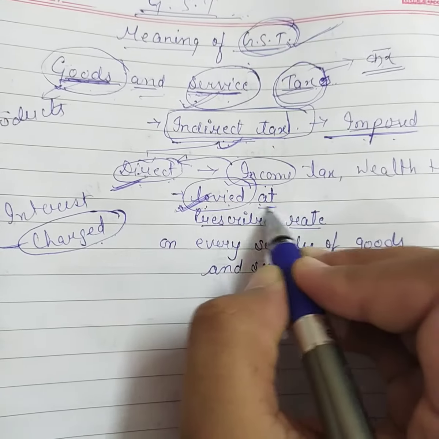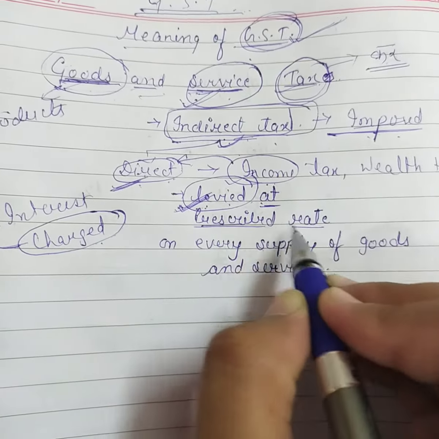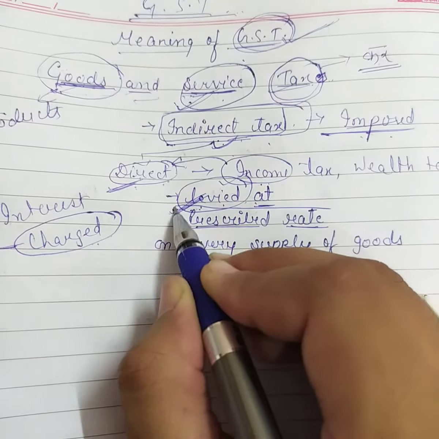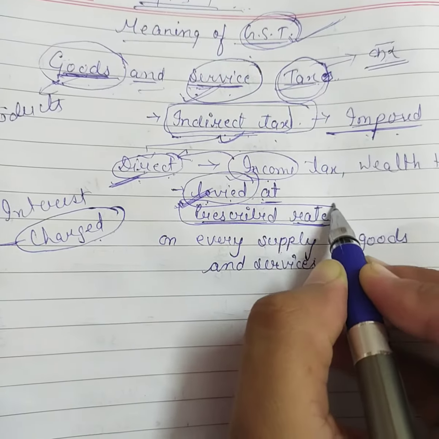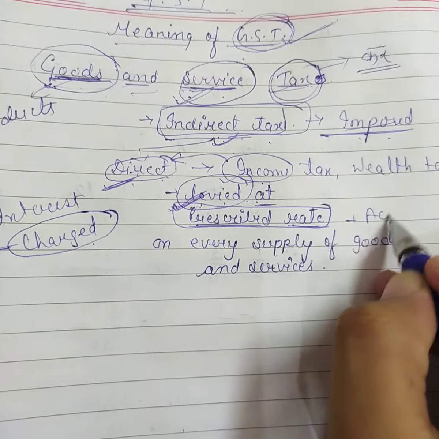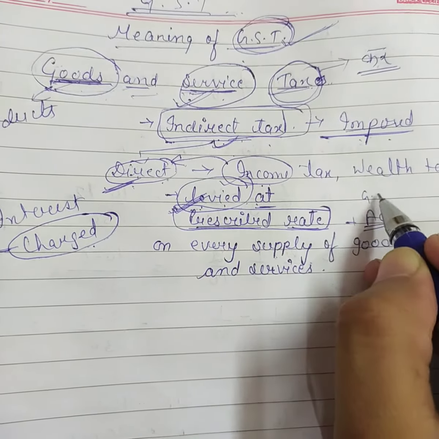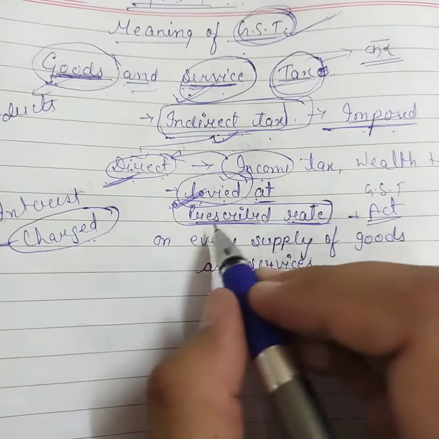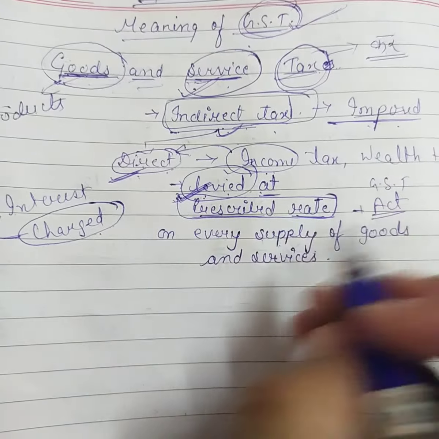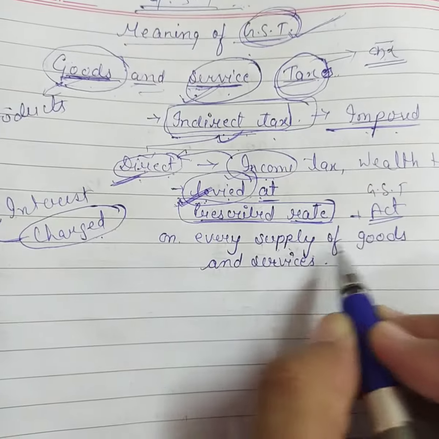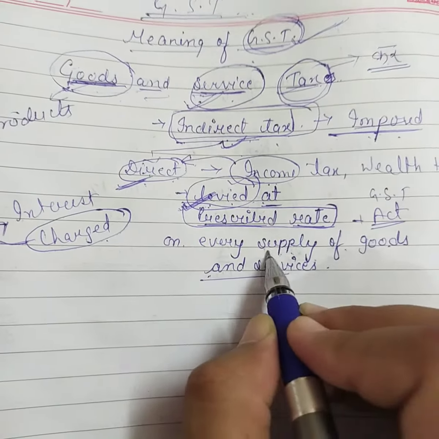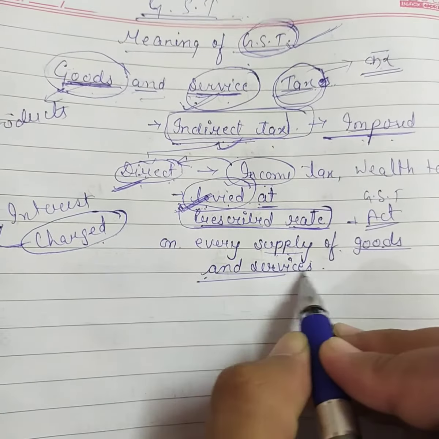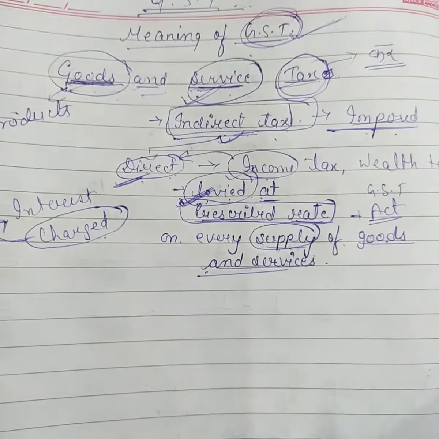So it is levied at prescribed rate. It means the rate of tax has been already prescribed in our act, GST act. Okay, so on prescribed rate it will be charged or it will be levied. Okay, on every supply of goods and services, goods और services की हर एक supply पे.